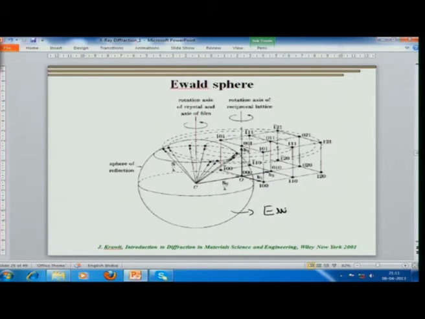So, this is my Ewald sphere, and this is my reciprocal lattice. Different X-ray diffraction techniques use different ways of either changing the Ewald sphere or the reciprocal lattice in terms of crystal rotation, so that they come into coincidence and we can get diffraction.